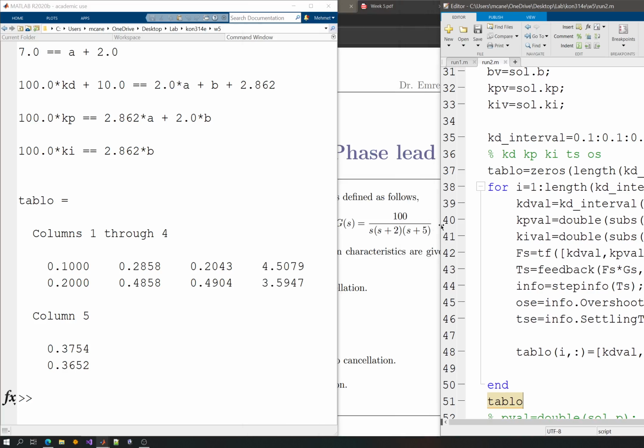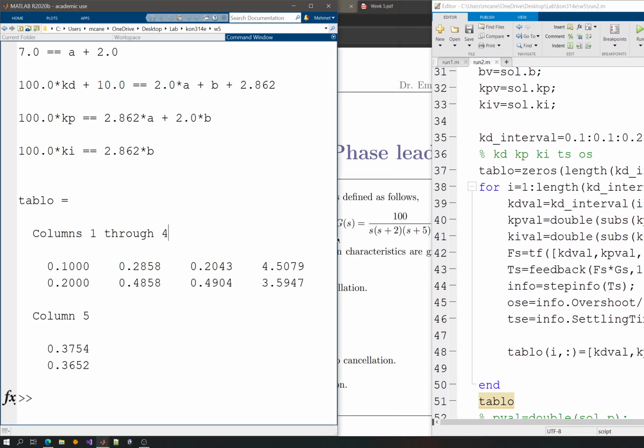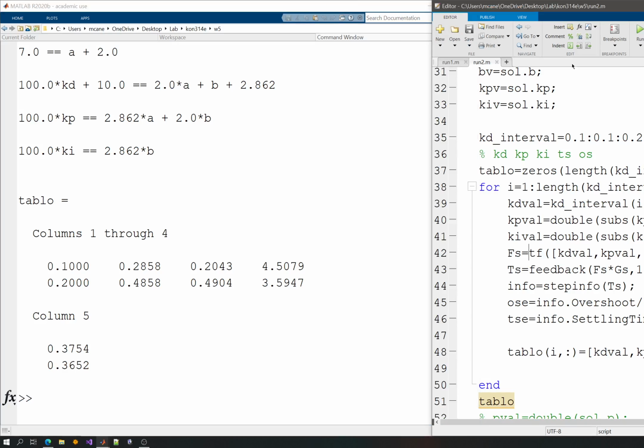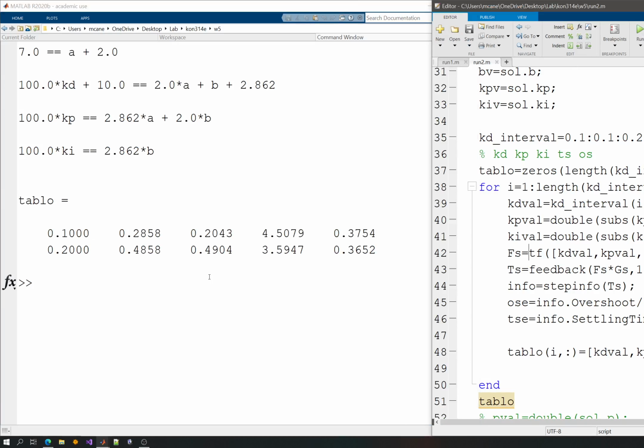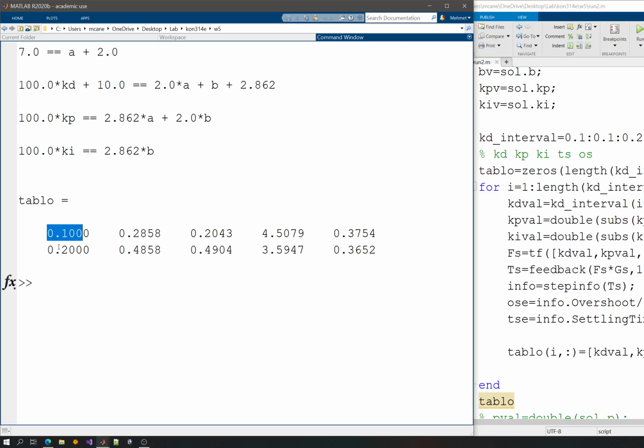Now you can see I have a nice table here. Let's generate it again. Now you can see that 0.0, 0.2 makes sense, and this is my KP, KI, and then I have the settling time and overshoot values. Now, here I can see that my settling time was around 4.